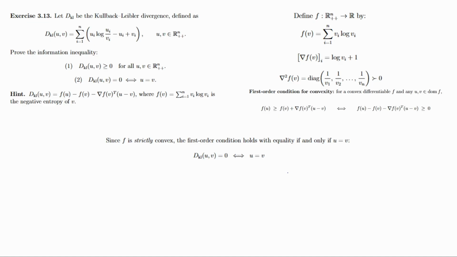So this is kind of a trivial application of the first order condition when f is strictly convex. We get this result immediately after we've shown up here that f was strictly convex. So now we've shown 1 and 2 are true.